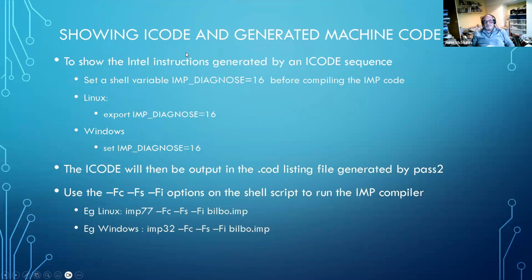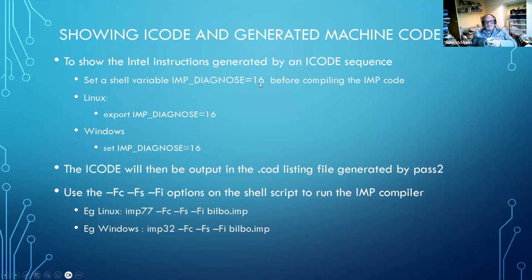If you want to be able to actually see the I-code that's been generated from the imp source, if you've got the compiler, set up a shell variable called imp_diagnose equals 16 before compiling the code. That's a little signal inside. I remember I mentioned there were some compiler directives, I-code compiler directives, and diagnose is one of them.